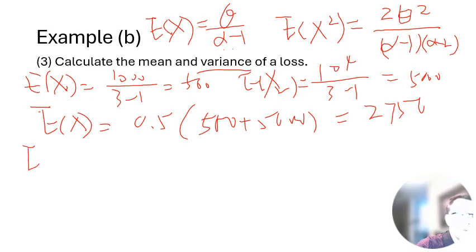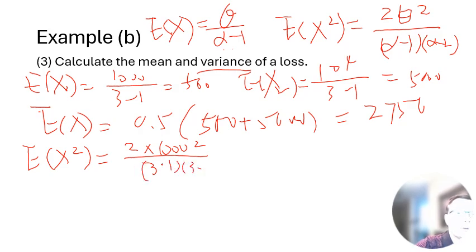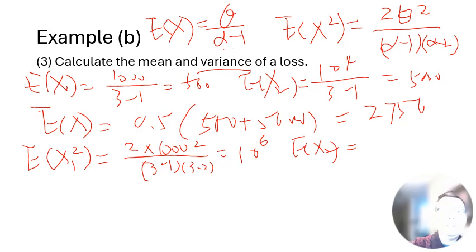Now let's calculate Ex squared. Ex squared based on this is 2 times 1000 squared over 3 minus 1 times 3 minus 2. The 2 cancels out, and this is 1, so basically it's 10 to the 6th power. This is for x1. Ex2 is 10 to the 8th power, because the only difference is here.